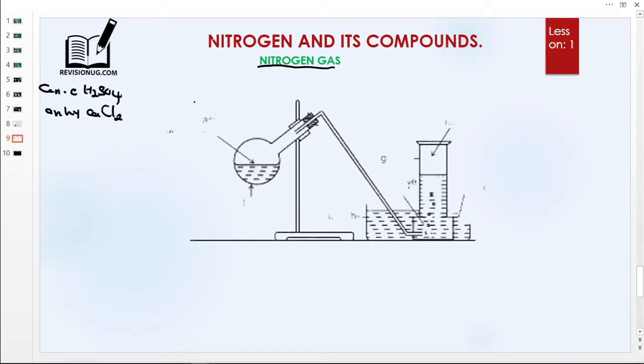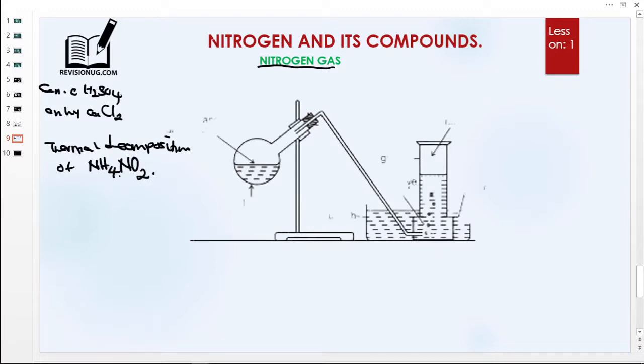Then here we are going to look at another method of preparing nitrogen in the laboratory, and this is what we call thermodecomposition of ammonium nitrite. This is ammonium nitrite.